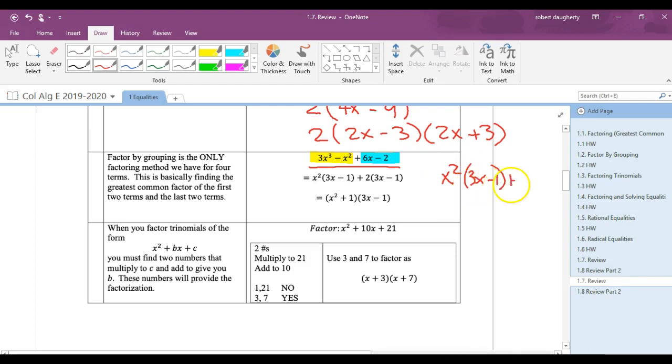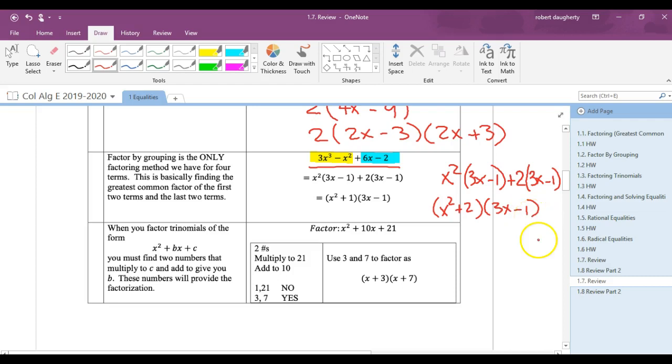Copy down the next sign you have, which is a plus sign. Look at that 6x minus 2. They have a 2 in common. When I factor that 2 out, I'm left with 3x minus 1. If you've done this correctly, what's in the parentheses should match, and you are left with x squared plus 2 times 3x minus 1.